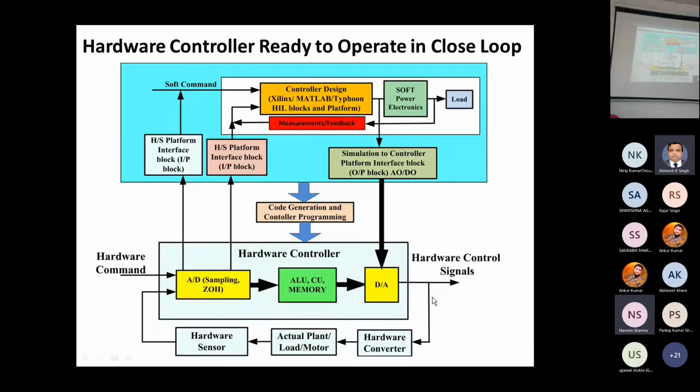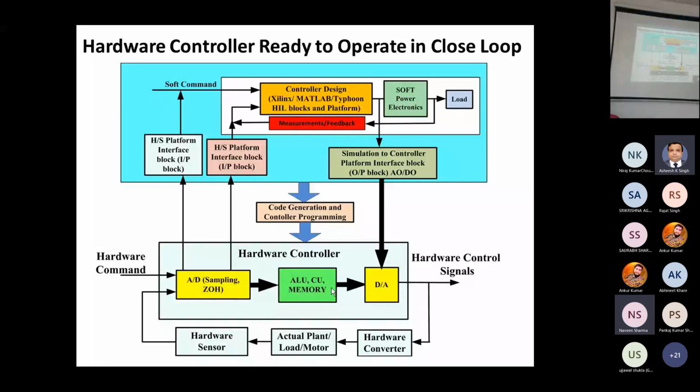So this output can be given to the hardware converter, and the actual plant is controlled here, and then the hardware sensors provide the output again for feeding back to the hardware controller, and the hardware feedback signal is also sampled and held for getting the sensor signal in digital form.